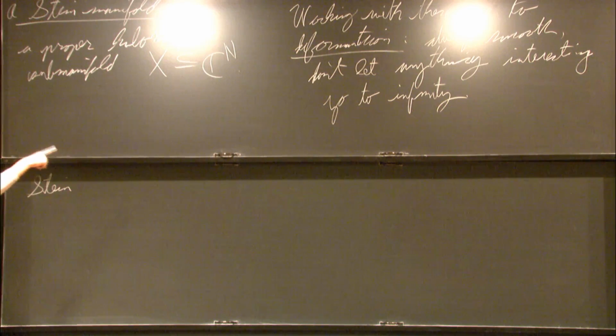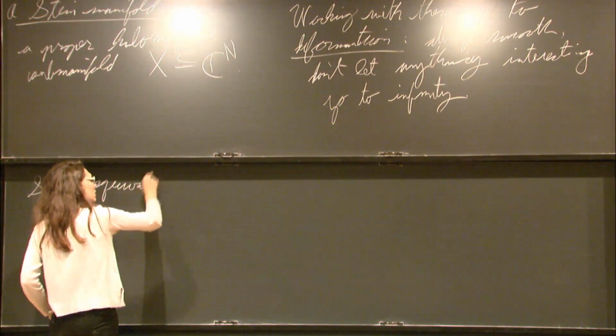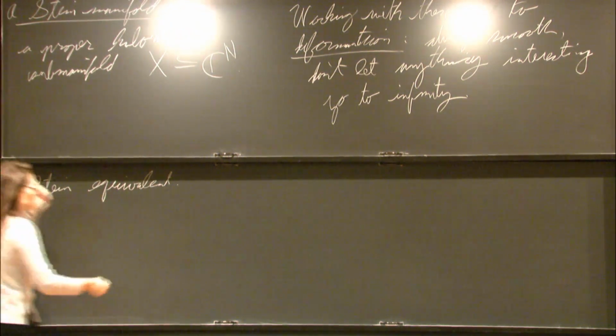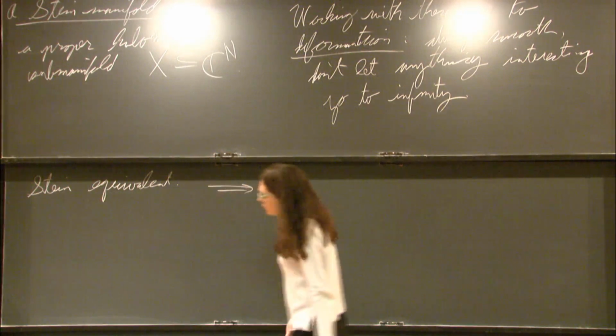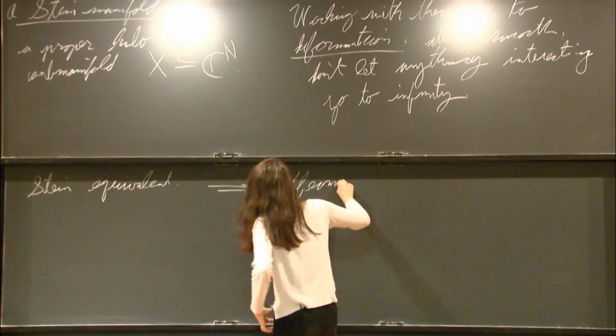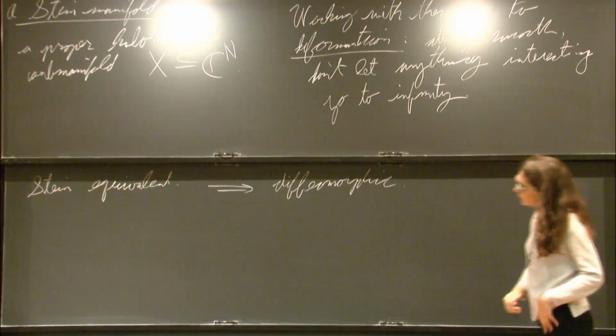Okay, and I'll call two things which are the same here Stein equivalent. So in particular, this implies that they're diffeomorphic, since I'm smooth all the time and I don't let anything go to infinity.